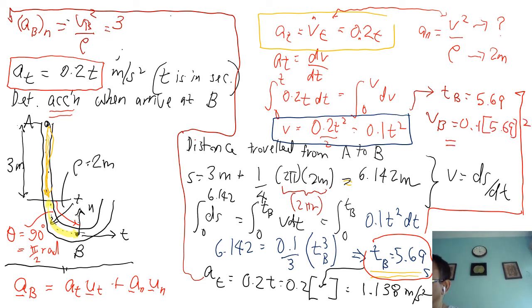So we get v_B equals 3.238 meters per second. That is the value of our v_B.